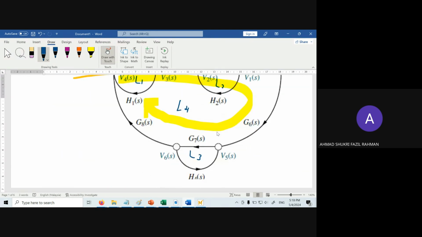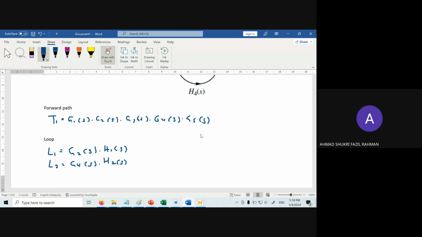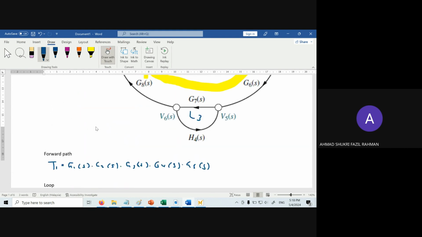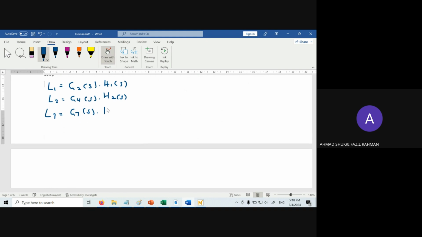And then L3 is G7 H4, so G7(s) multiplied by H4(s). And then the last one, L4.